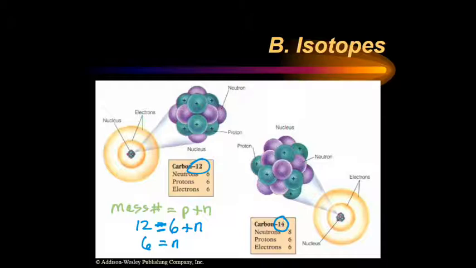But if I plug in my numbers again, this time it's 14 minus 6 to give you 8. It has 8 neutrons. With the number of neutrons changing, the properties of your element do change. And again, one's radioactive, one is not, but it is still fundamentally carbon. Most of the elements on the periodic table have one or more isotopes.